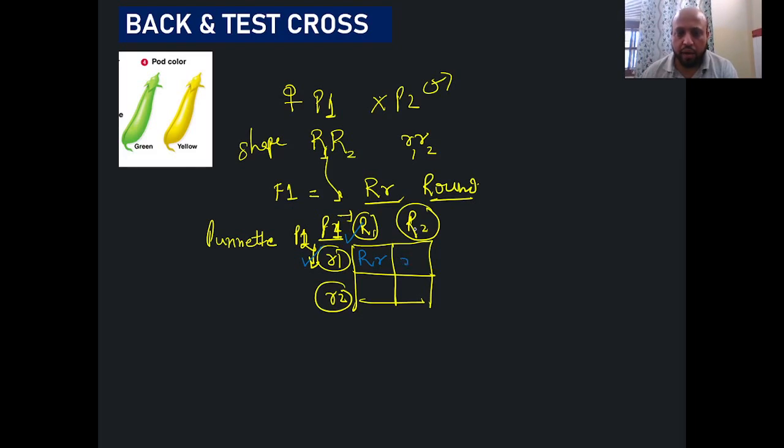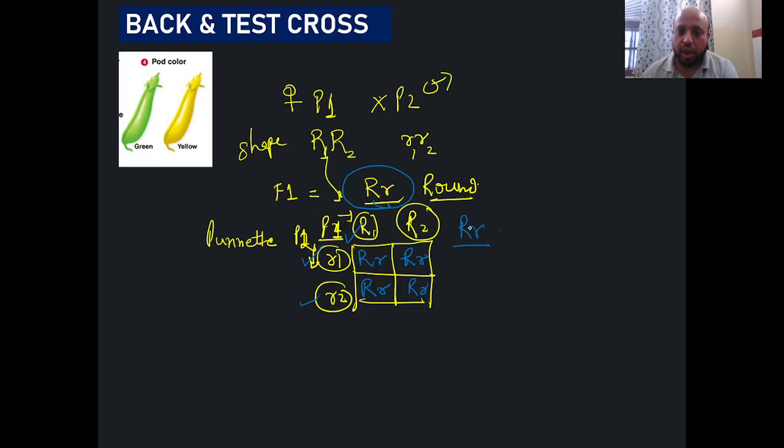Or you can write it either way, because ultimately for the first row and the second column it will also be capital R small r. Then you take the second row, first column, and it will be capital R small r, and you will also take capital R and small r. That's how you basically get R and small r as a heterozygous population over here.